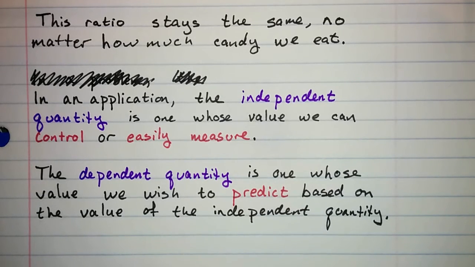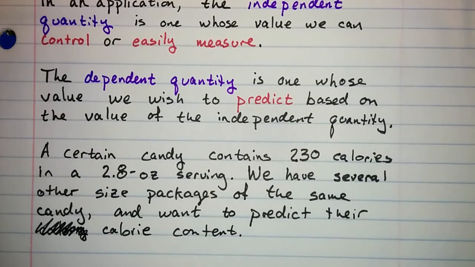Let's say we have this situation. Let's say a certain candy contains 230 calories in a 2.8 ounce serving, like we did a moment ago. We have several other sizes of packages of the same candy, and we want to predict their calorie content.